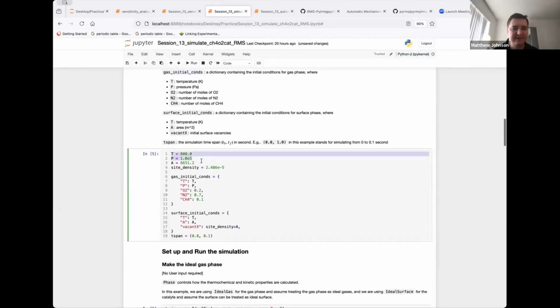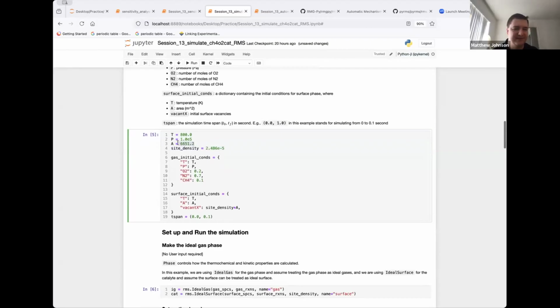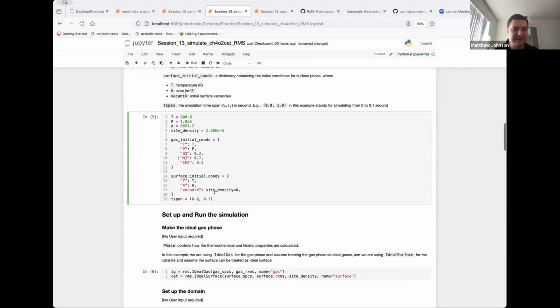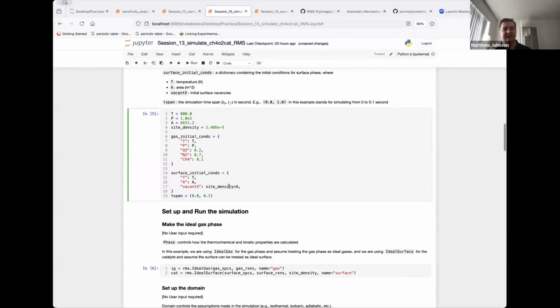We tell it our temperature, pressure, the area of our reactor, the site density and area of the surface, and our initial conditions for the gas phase. So here we have methane, oxygen, and nitrogen. And then our surface conditions, where we're just saying that it's vacant initially with this area and this temperature, and our time span of how long we're simulating.